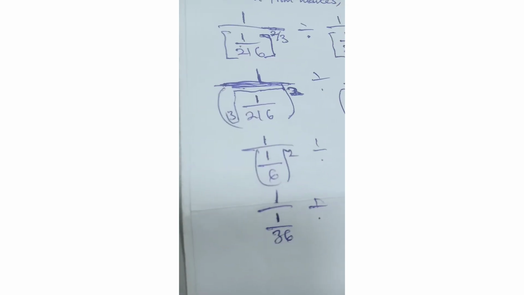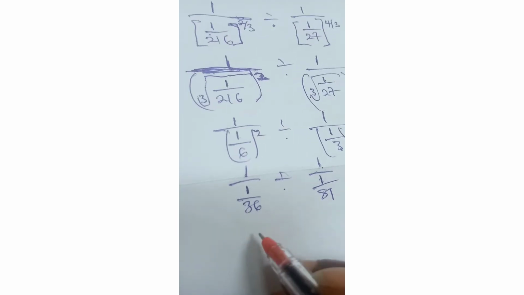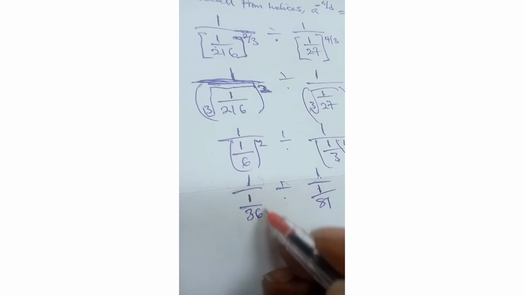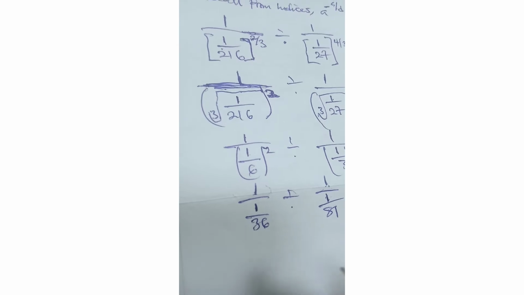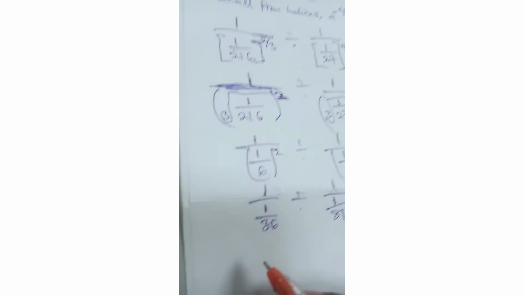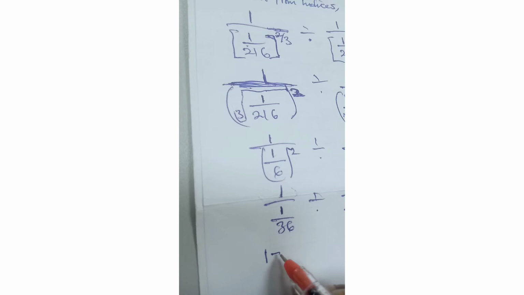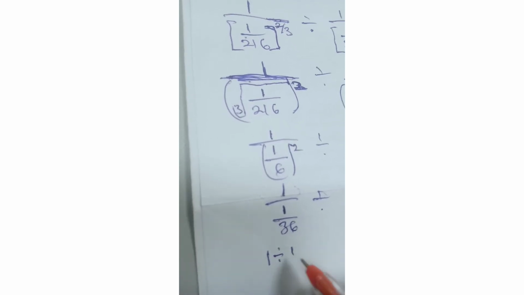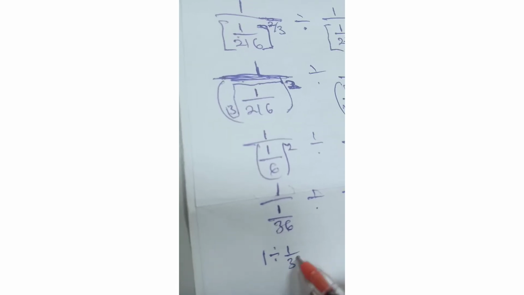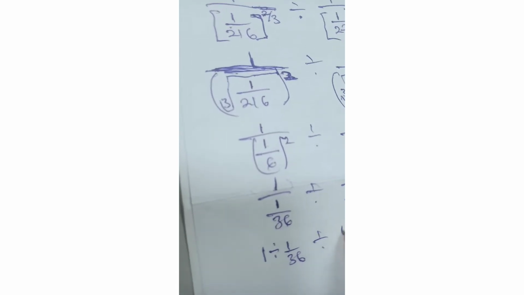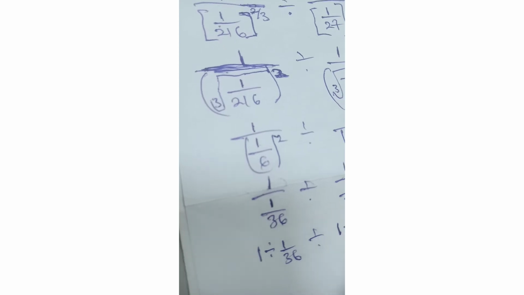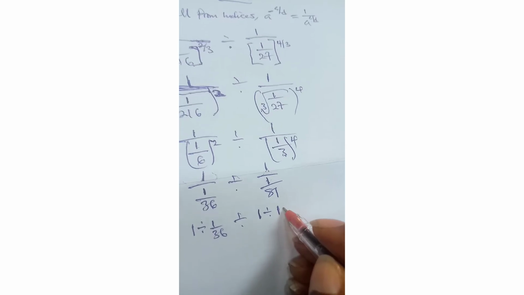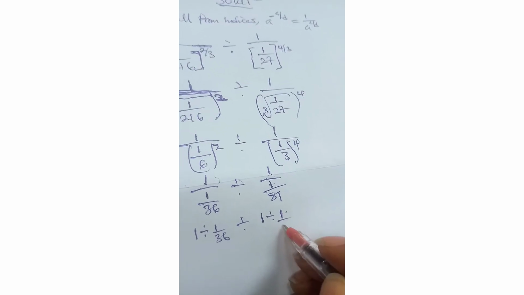Now at this junction, it is very simple. If we look at it, this stands alone, and these are together. That is, you have 1 divided by 1 over 36, divided by 1 divided by 1 over 81.